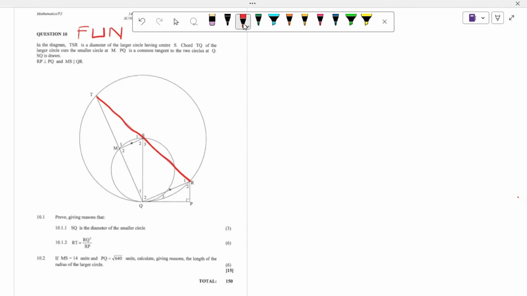And as we said, TSR subtends angle TQR, which is this one. So already I know that angle TQR is equal to 90 degrees. And what is my reason for saying TQR is equal to 90 degrees? Angles in a semicircle. Exactly that, angles in a half circle, in a semicircle.